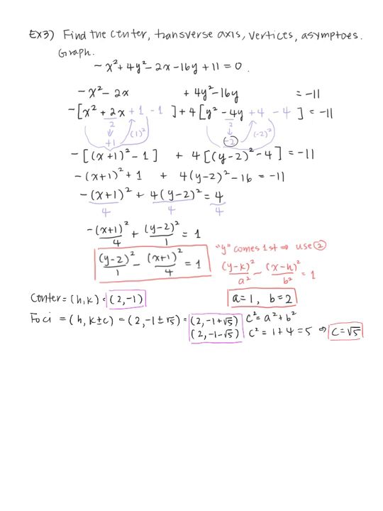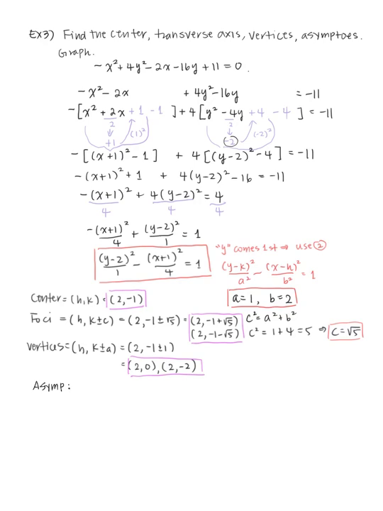Okay, so what should we do next? Vertices? All right, so the vertices formula is h comma k plus or minus a, which is 2 comma negative 1 plus or minus 1. So it looks like we're going to have 2 comma 0 and 2 comma negative 2. Now let's find out the asymptotes.